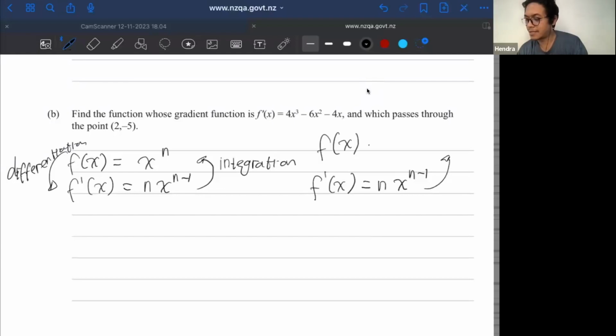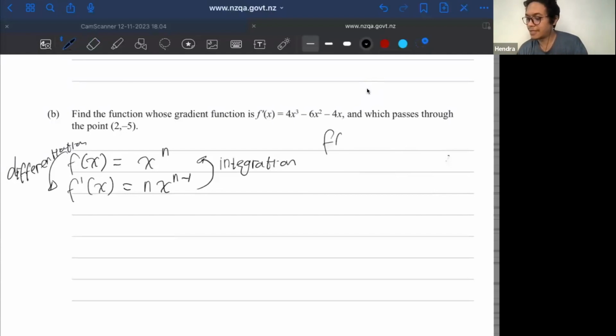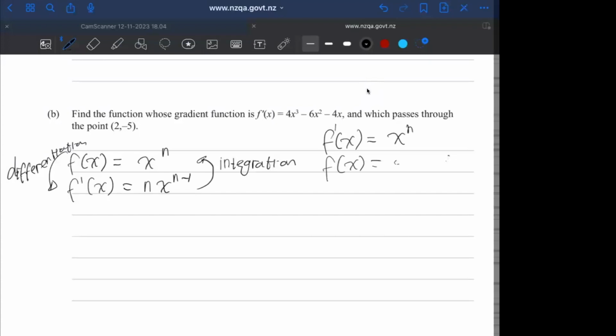Yes, exactly. I'll write it in general. If f prime x equals x to the n, then f(x) will be x to the n plus 1 over n plus 1.